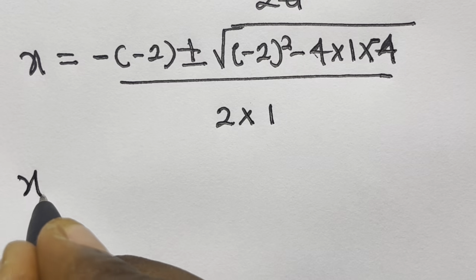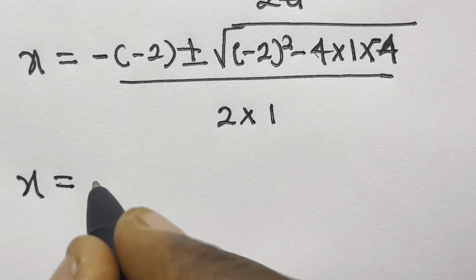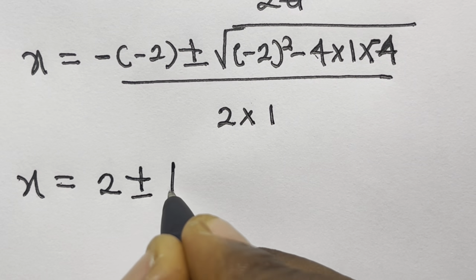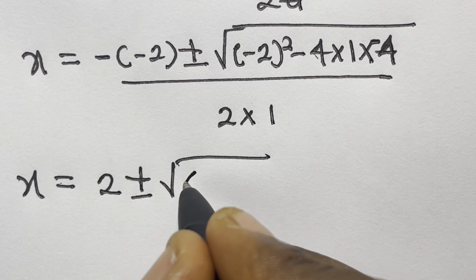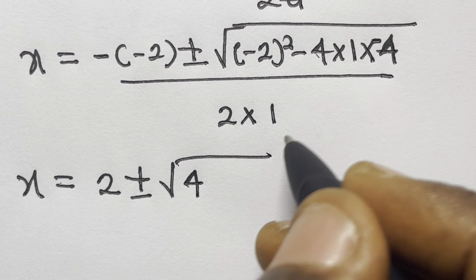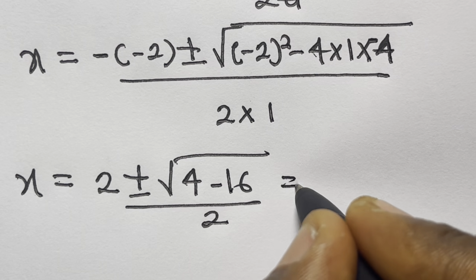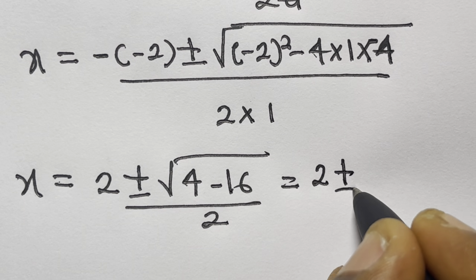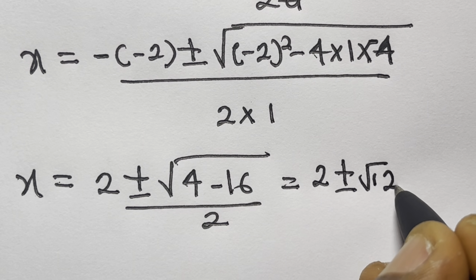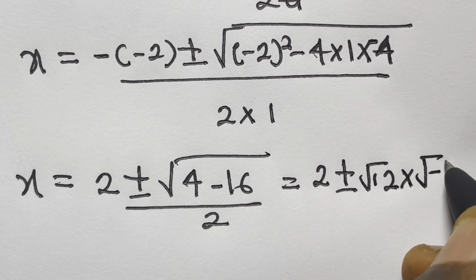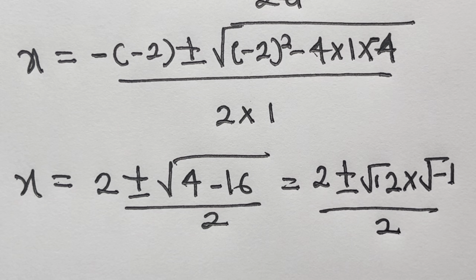So we have x equals minus times minus, that is 2, plus or minus square root of minus 2 squared will give us 4, minus 4 times 1 times 4, we have minus 16, divided by 2. And this equals 2 plus or minus square root of 4 times square root of minus 1, divided by 2.